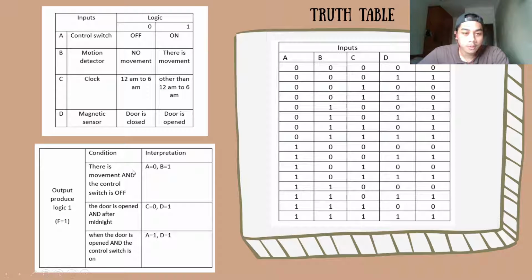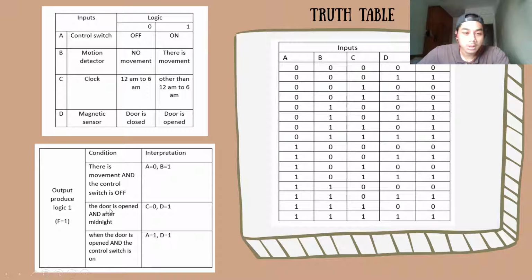So these are three conditions that will produce logic 1, that is function 1. If these three conditions are satisfied, the output will produce logic 1. The first condition is when there is movement, that is B equal to 1, and the control switch is off, A equal to 0.